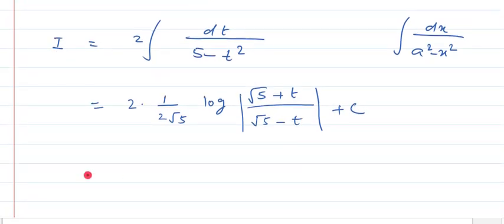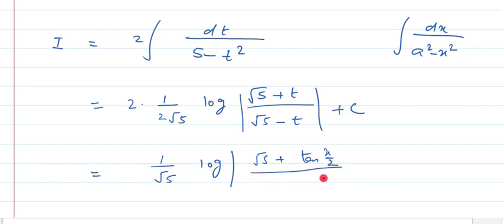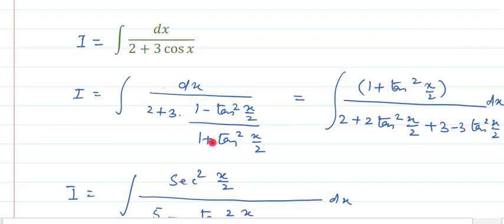Now again put the value of t over here. So result will be 1 upon root 5 log root 5 plus tan x upon 2 upon root 5 minus tan x upon 2 plus c. Let me take one more example.